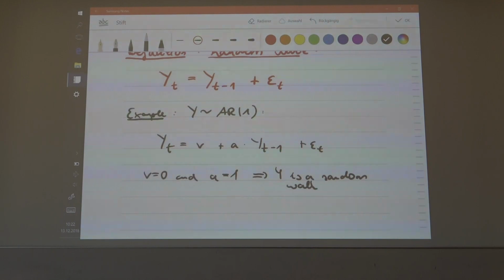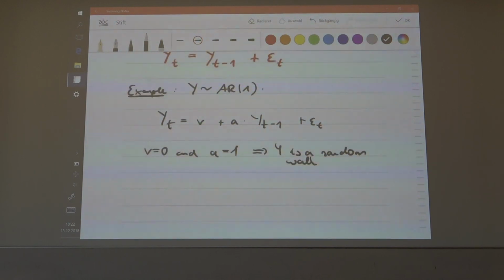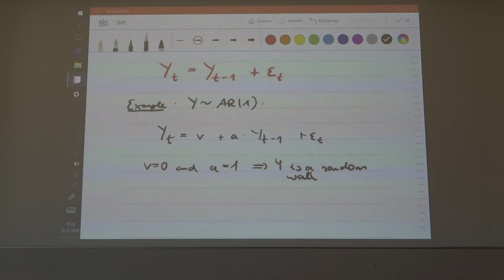Obviously the random walk is not stationary. Remember the stationarity condition for an autoregressive process of order 1: all roots of the lag polynomial have to have an absolute value greater than 1, which is only true if the absolute value of a is less than 1. So obviously the random walk cannot be stationary.